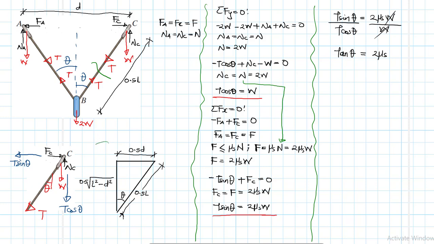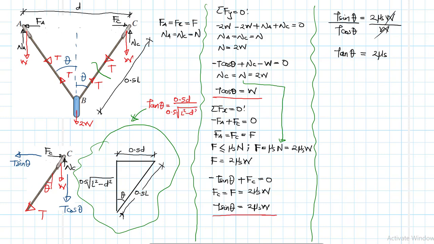But let's come to this here, all right? From this particular relationship, we know that tan theta is also equal to opposite over adjacent, right? So 0.5 D, then root of L squared minus D squared.